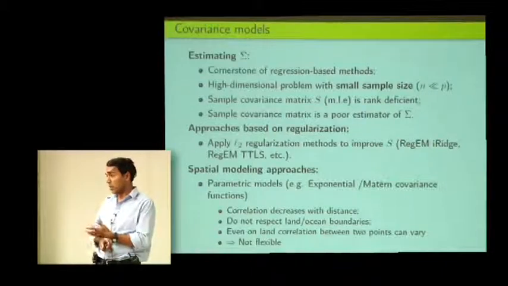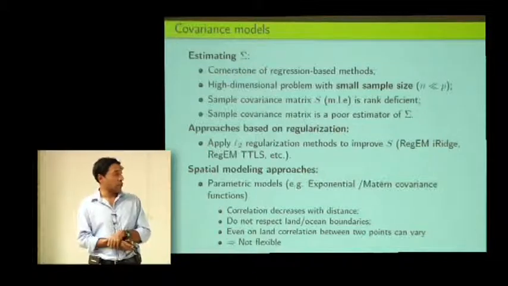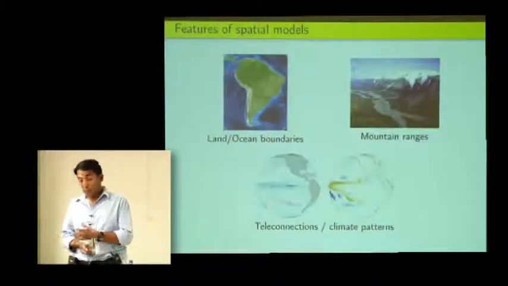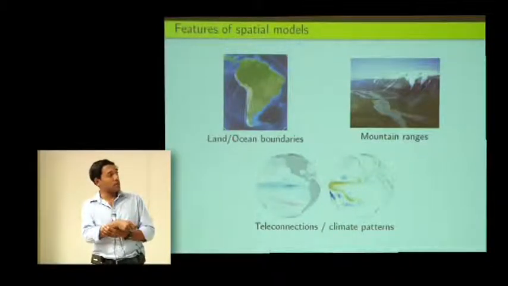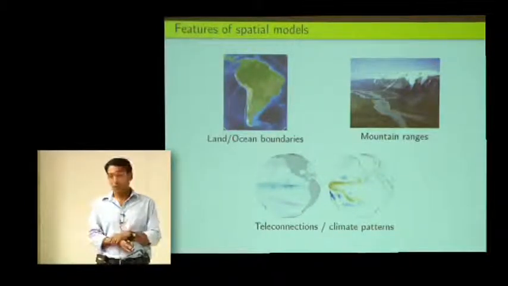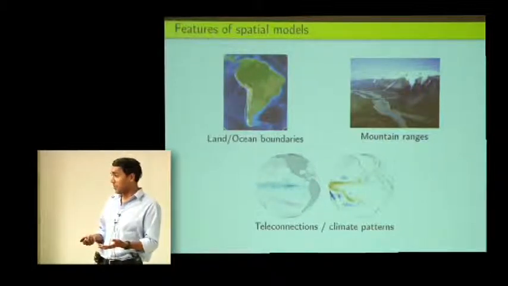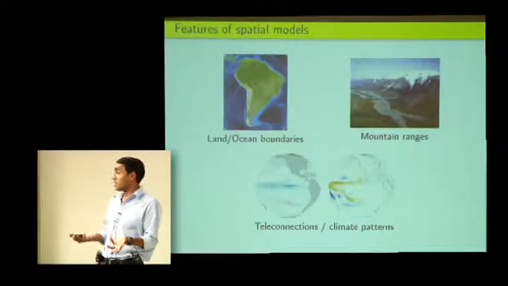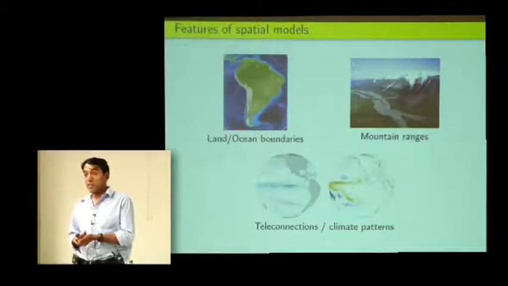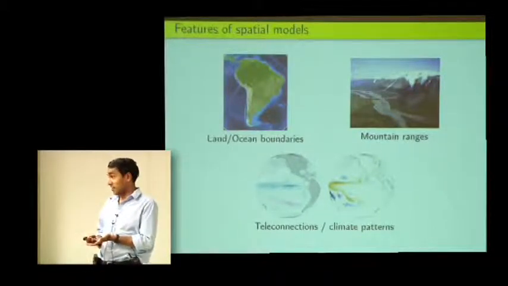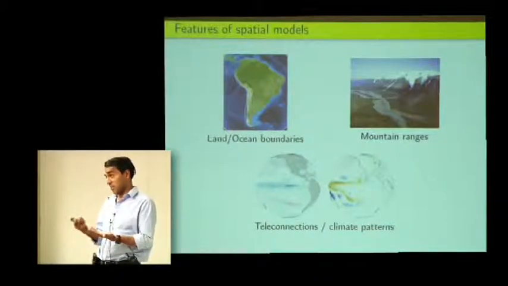So it's really a good model in that sense, except that it is restrictive, right? So can we find a middle ground? What I meant by that is land-ocean boundaries, mountain ranges, and there are teleconnections too. We want a model that's flexible. But if it has too many parameters, we can't estimate the parameters well because we are in a sample deficient setting, right? We have a 2000 by 2000 correlation matrix. That's not good enough.